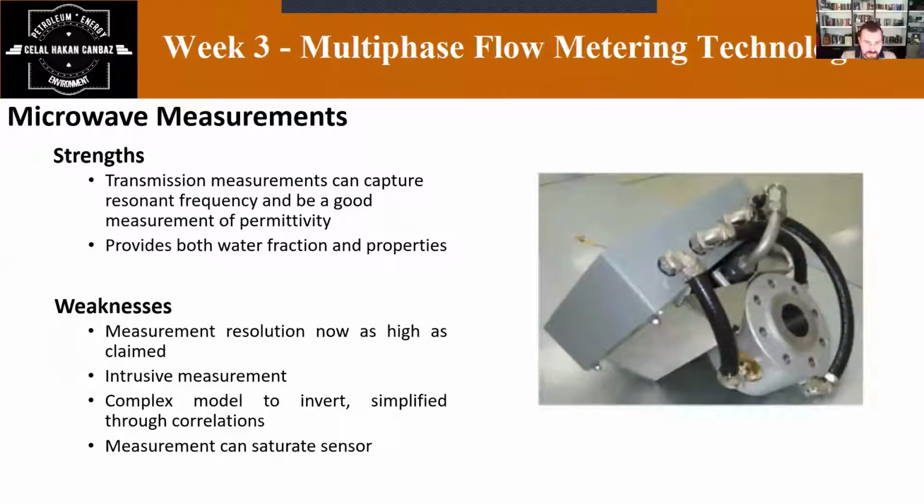There is a question, I think: what is permittivity? Permittivity is a constant value that we use in the calculations, and it gives the amount of the dielectric constant.